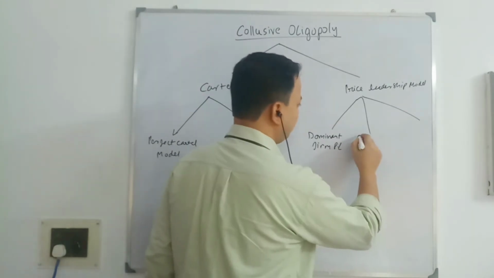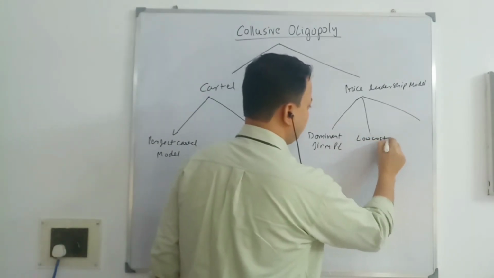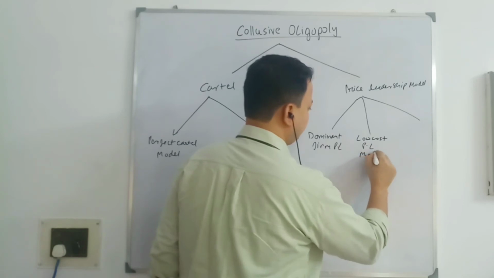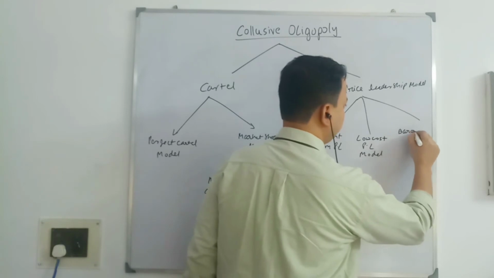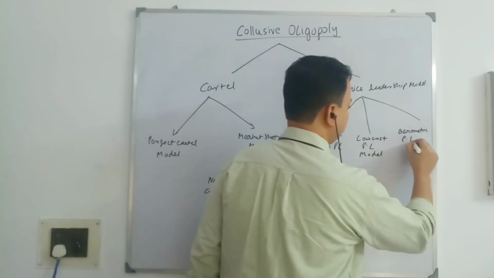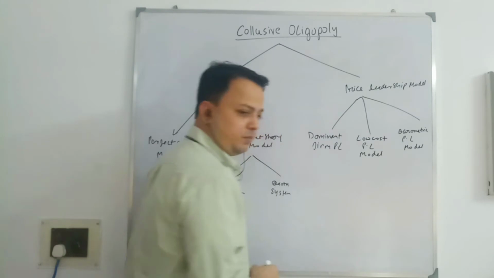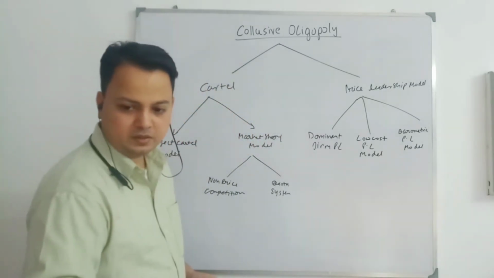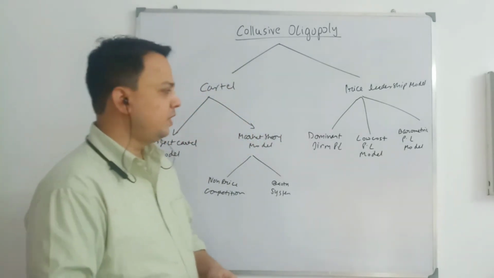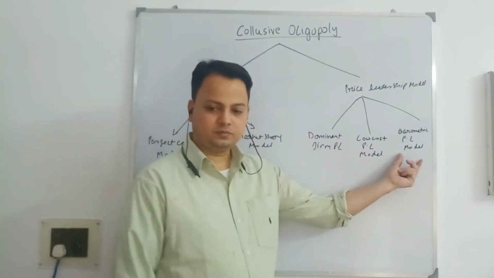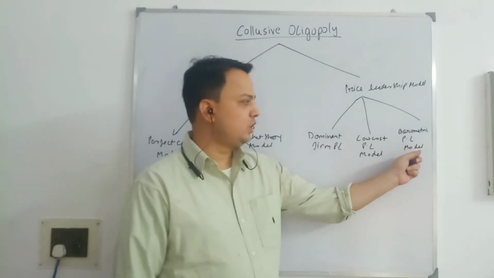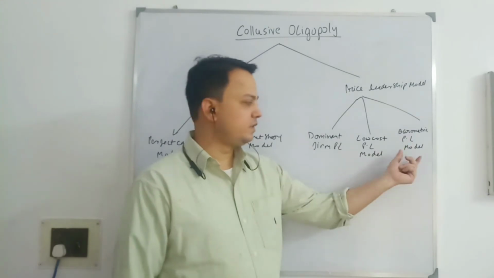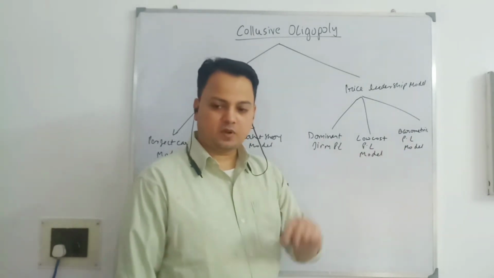So there is one more model, that is called the low cost price leadership model. Third is the barometric price leadership model. The barometric price leadership model is the model in which the firm may not be a dominant firm, but due to its reputation or its strategic position, whatever changes in price this firm makes, other firms will follow.